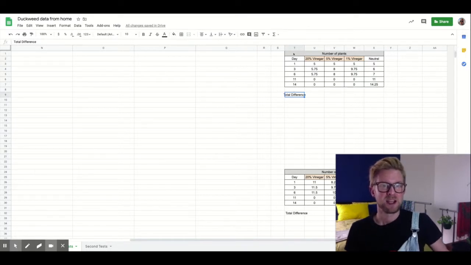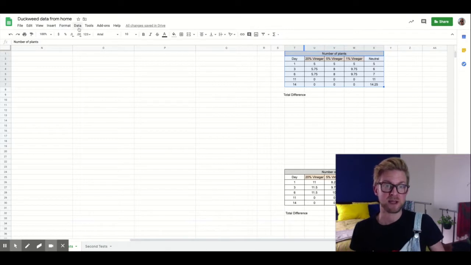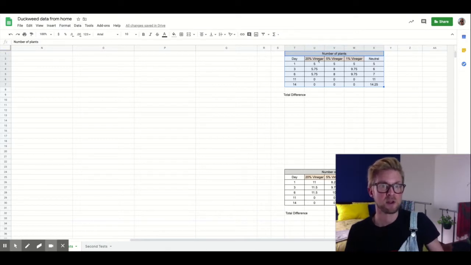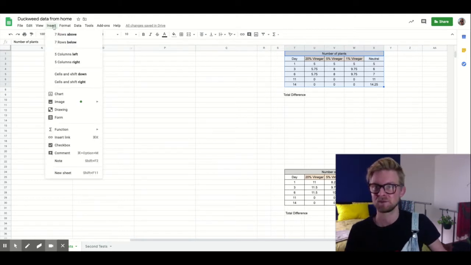In order to create my line graph, I'm going to highlight the entire table. From there, I'm sure it will populate the labels and the different scales for the axes based on what I highlight here.